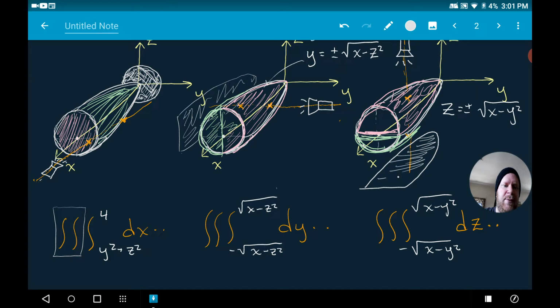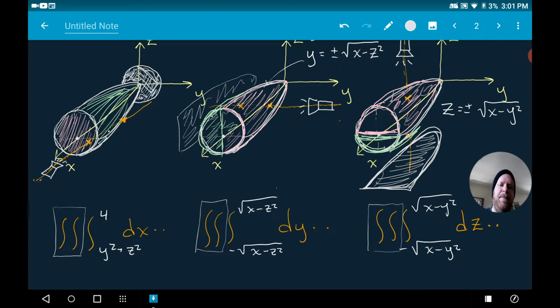So same shape, just rotated. But the shadow that's cast on this one, again, is just the region that you're going to be using to define these last two integrals.